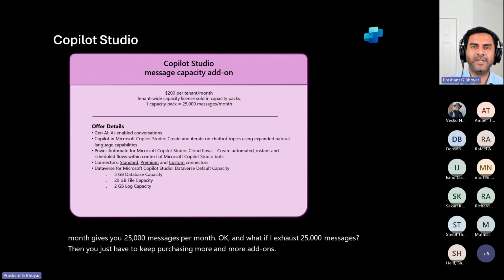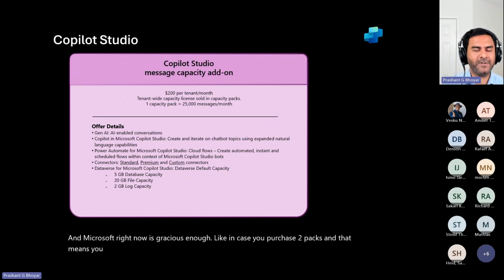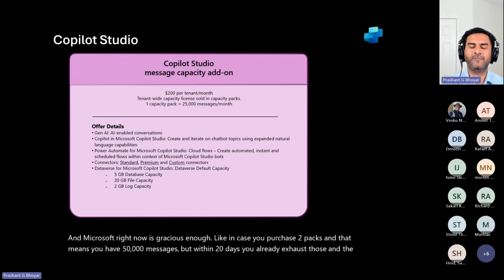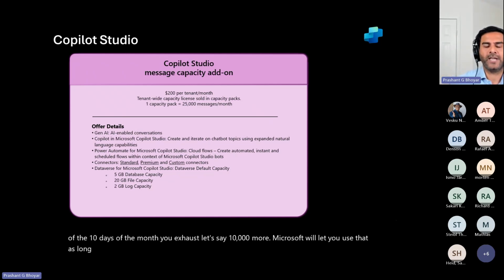And Microsoft right now is gracious enough that in case you purchase 2 packs, which means you have 50,000 messages, but within 20 days you already exhaust those, and in the rest of the 10 days of the month you exhaust, let's say, 10,000 more, Microsoft will let you use that as long as you pay for that additional overage the next month.